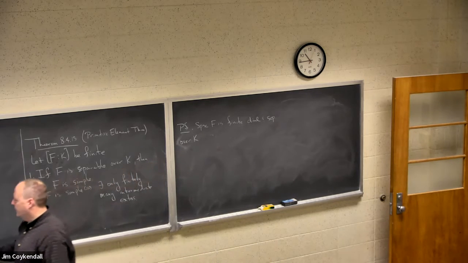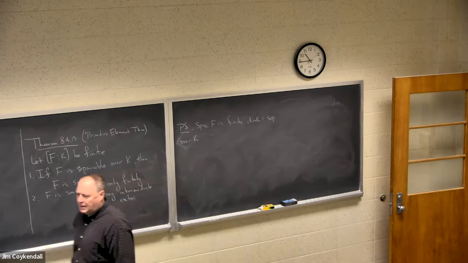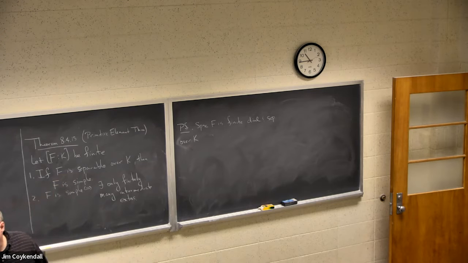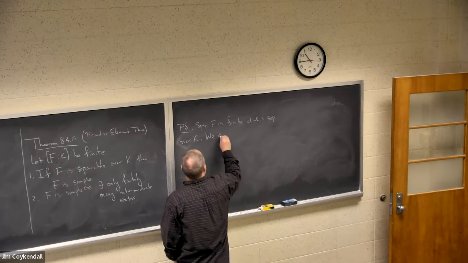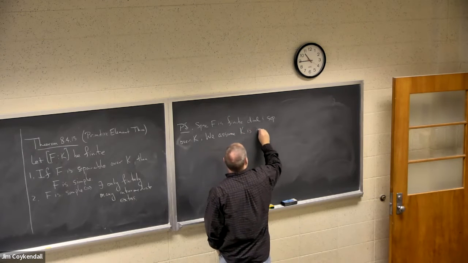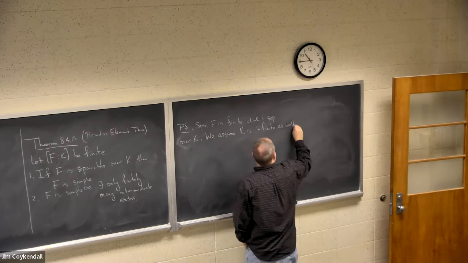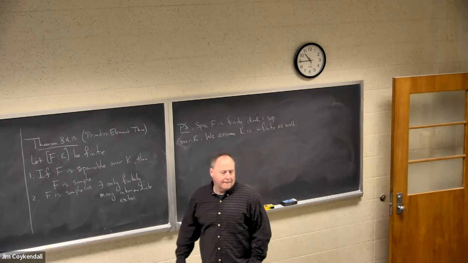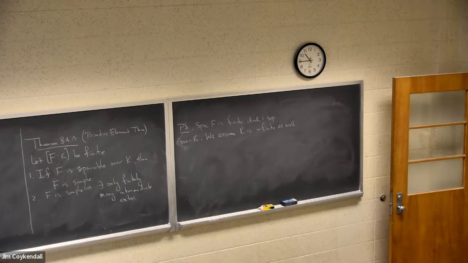So suppose that F is finite dimensional and separable. Okay. Does anybody know? Todd's going to talk about this. Anybody know why we might as well assume K is infinite?